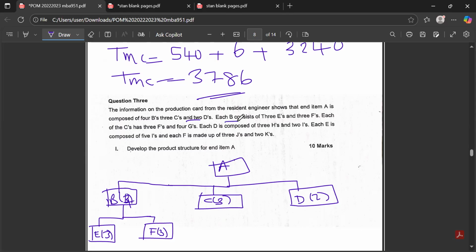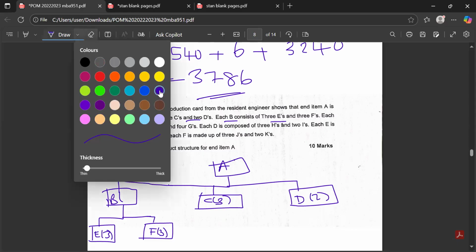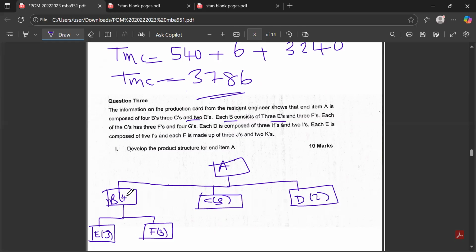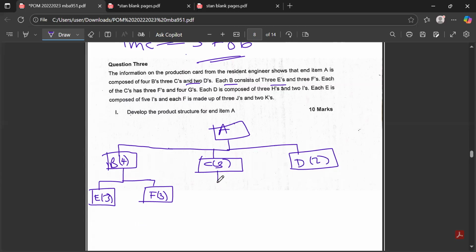So from this information, B is 4, F is 3, and G is 4.